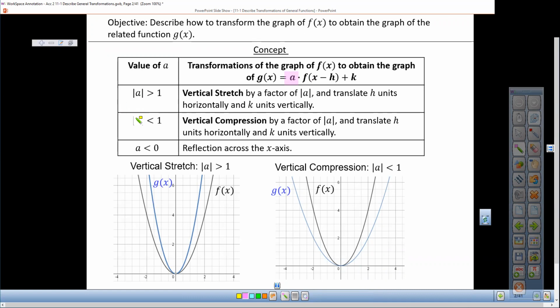And that A value, if it's positive, there's no reflection across the x-axis. But if it's negative, like it says here, A is less than 0, then there is a reflection across the x-axis. Then we look at the absolute value of A and compare it to 1. If that absolute value is greater than 1, we have a vertical stretch. If it is less than 1, we have a vertical compression.